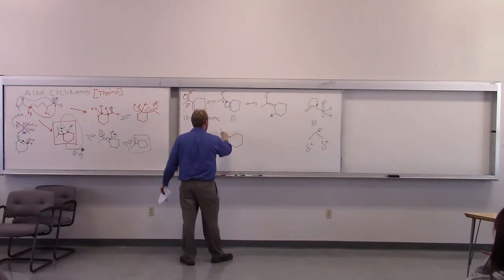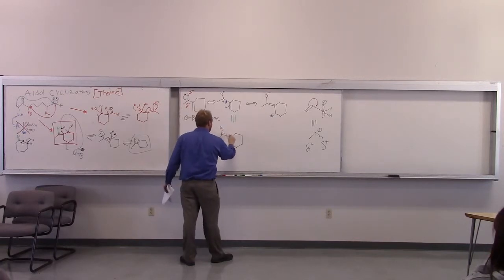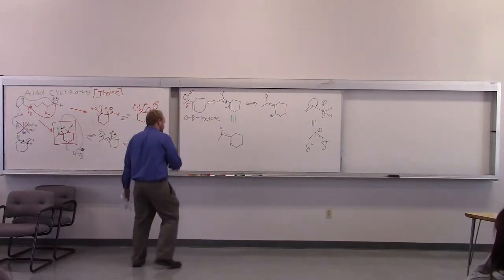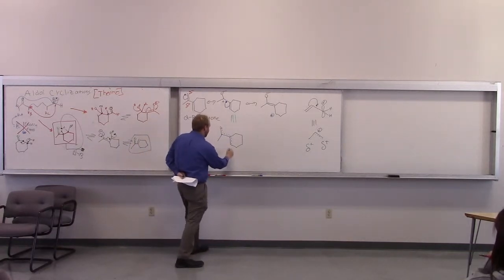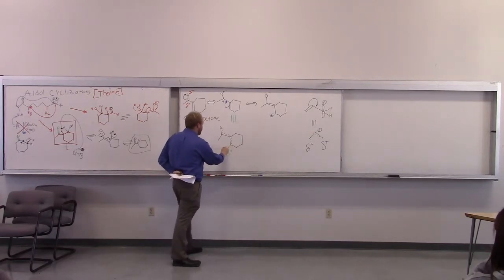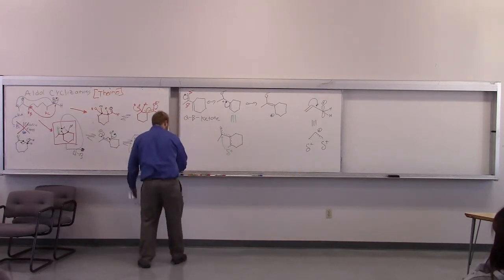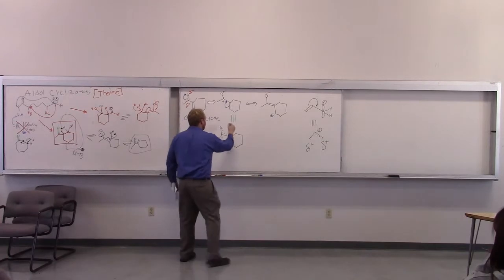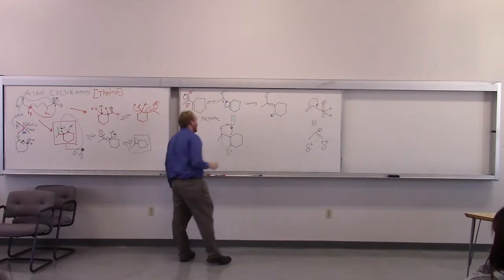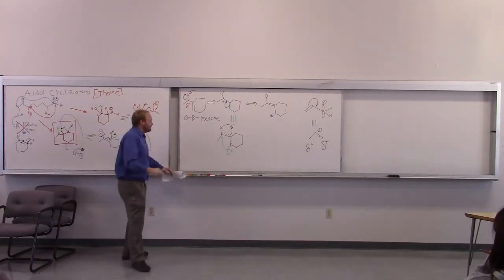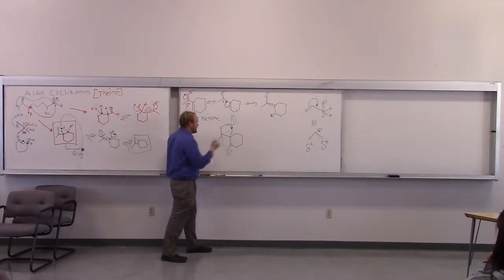So we can think of this system almost like this resonance hybrid, where there are partial positive charges at both the beta carbon and the carbonyl carbon, and partial minus charges at the carbonyl oxygen and the alpha carbon. So let me draw this now as we'd actually draw it with the discrete bonds.